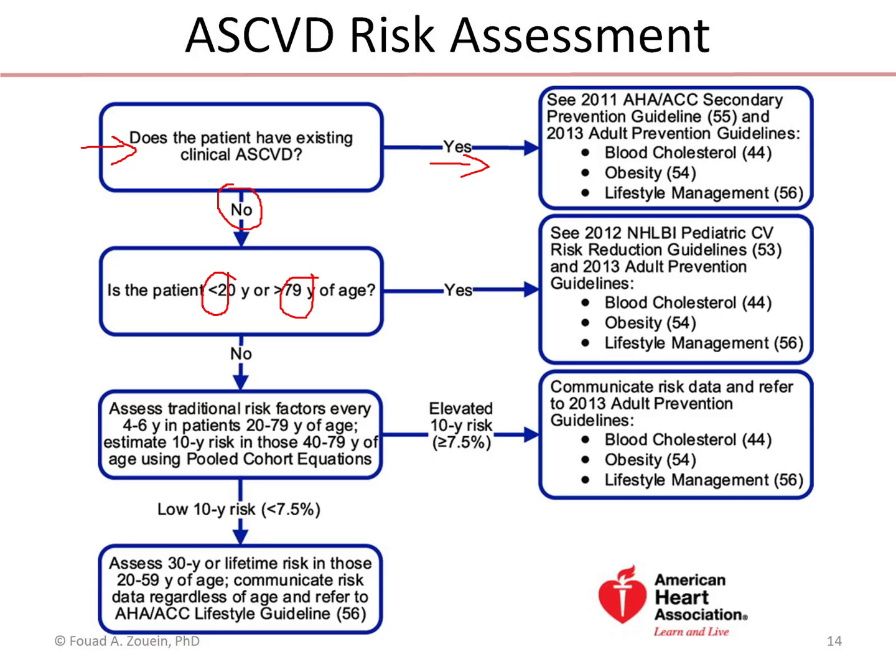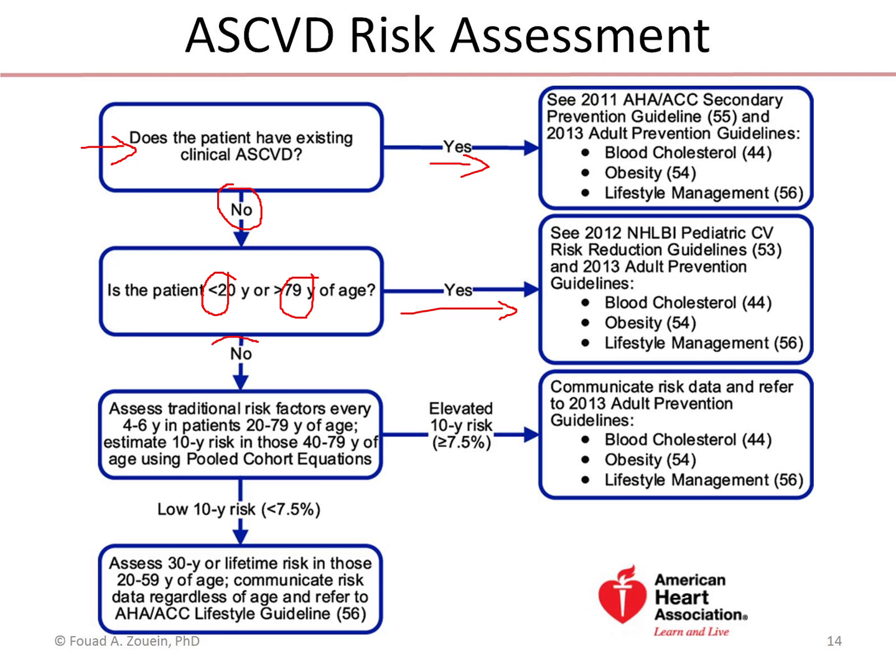And we know that the risk assessment is designed for patients between 20 and 79, and is optimum for patients between 40 and 79 years of age. So we refer them to the pediatric or geriatric guidelines specific for these patients.